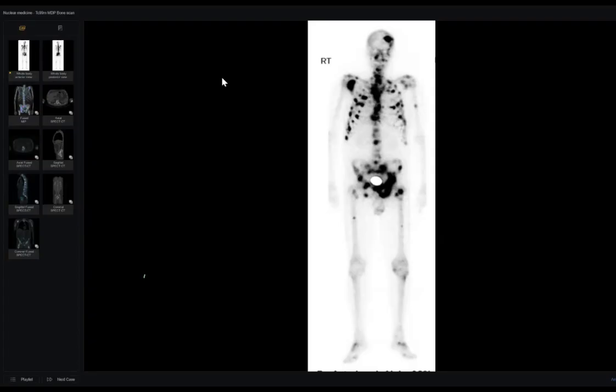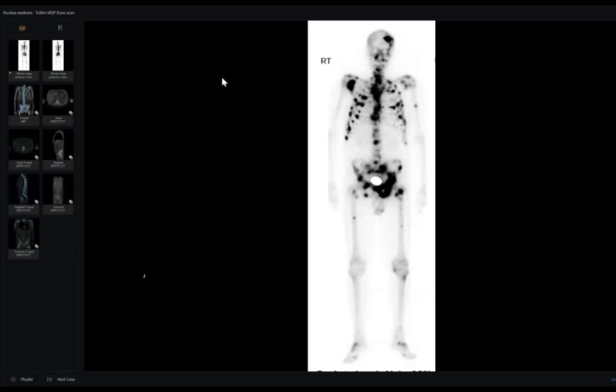There is an area of intense uptake in the left hip bone, in the region of the pubis and ischium. However, I cannot see the bilateral kidneys, so it is likely a super scan with more uptake in the axial skeleton compared to the appendicular skeleton.